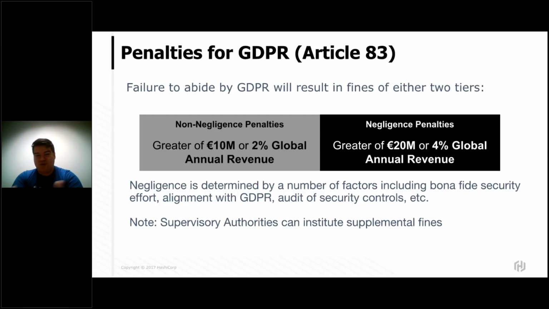So if you have multiple data breaches in a year, heaven forbid, this could result in a series of fines that would potentially cripple your business. This is again an extraterritorial requirement. You're subject to it regardless of whether you sit in the European Union, the United States, APAC, etc.